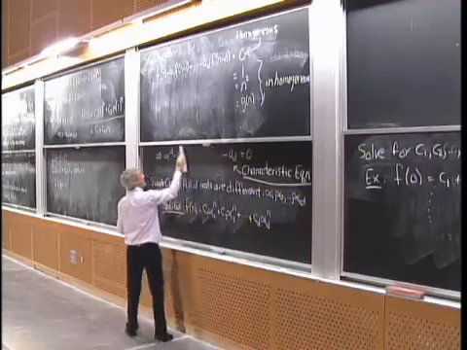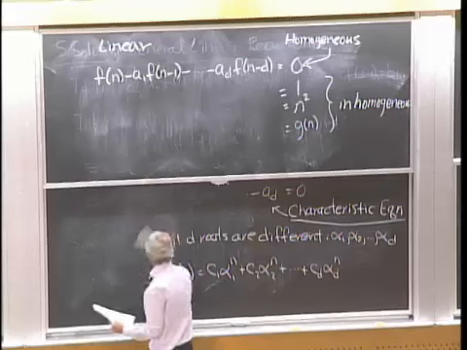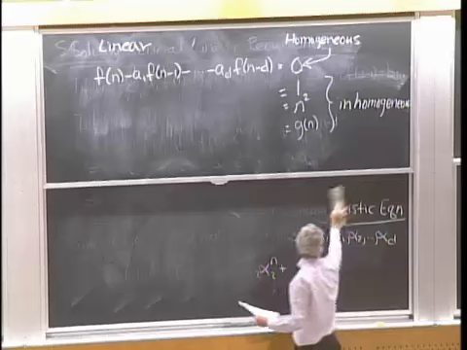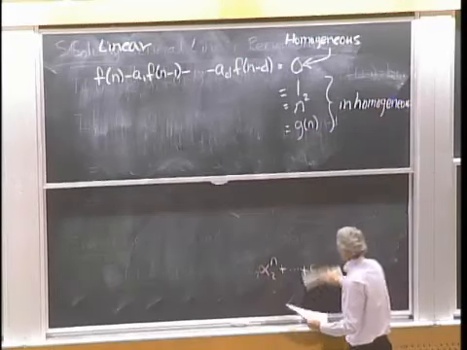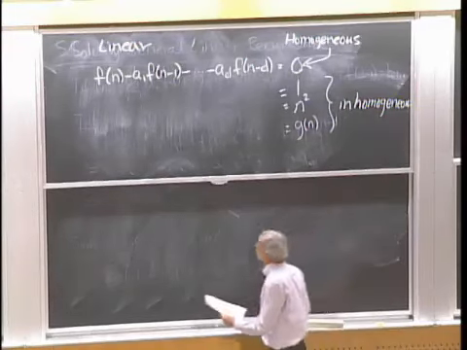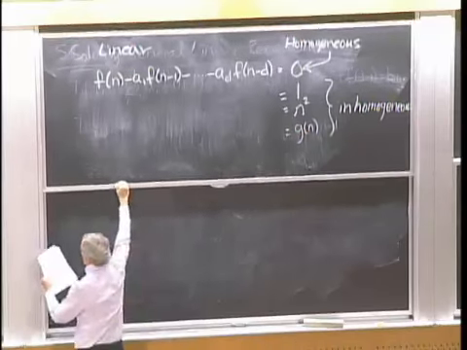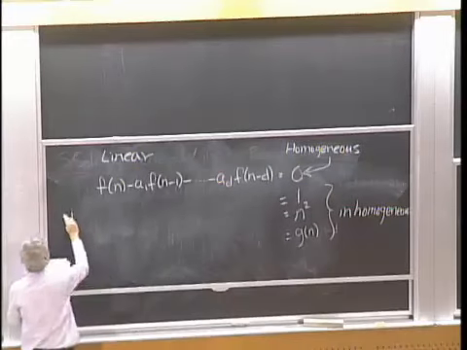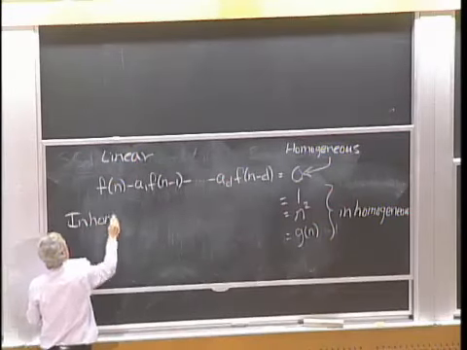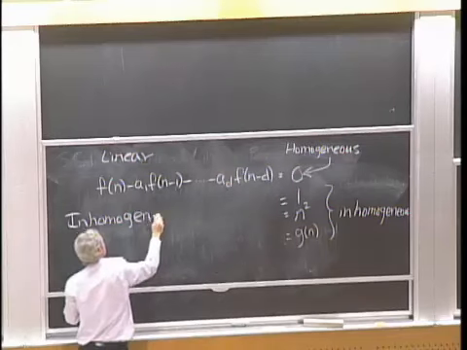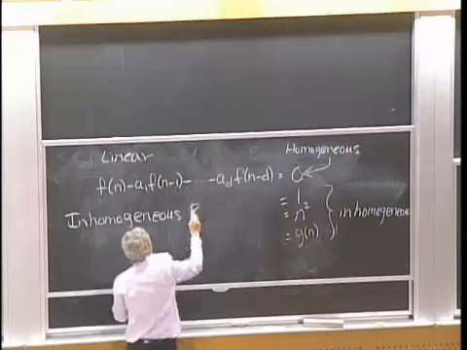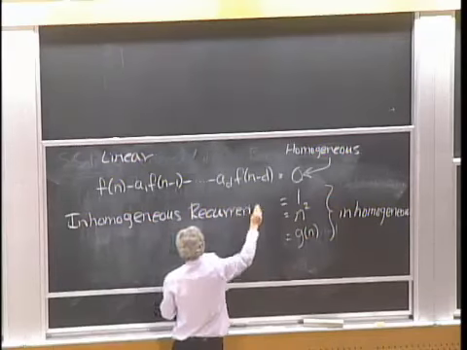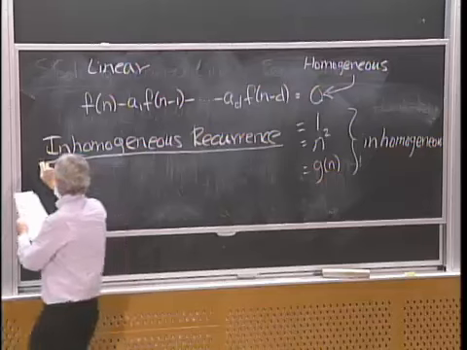So let me outline the method, and then we'll do an example. All right, so the general inhomogeneous recurrence is exactly this.